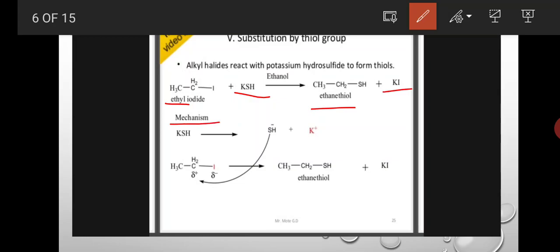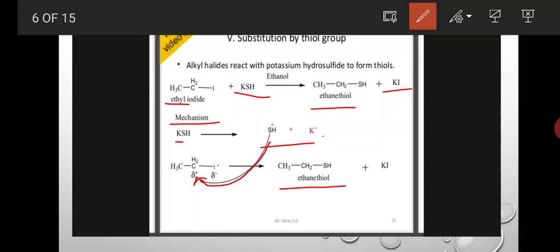Mechanism: KSH, potassium hydrosulfide, dissociates into SH minus, the thiol functional group, plus K plus ion. This nucleophile SH minus attacks the alkyl halide carbon and iodine is eliminated, and this iodine reacts with K plus ion and forms KI, potassium iodide.